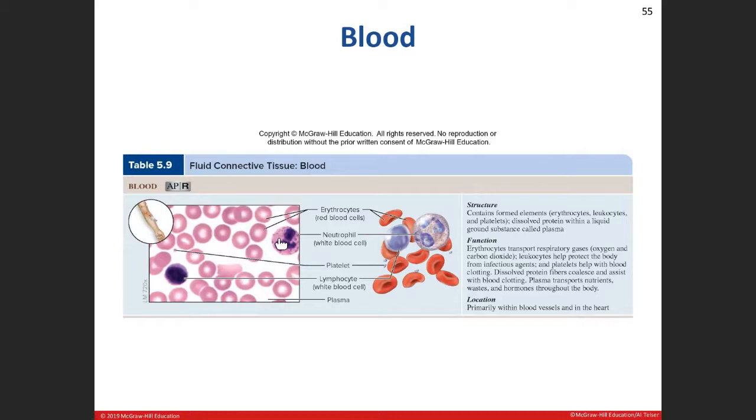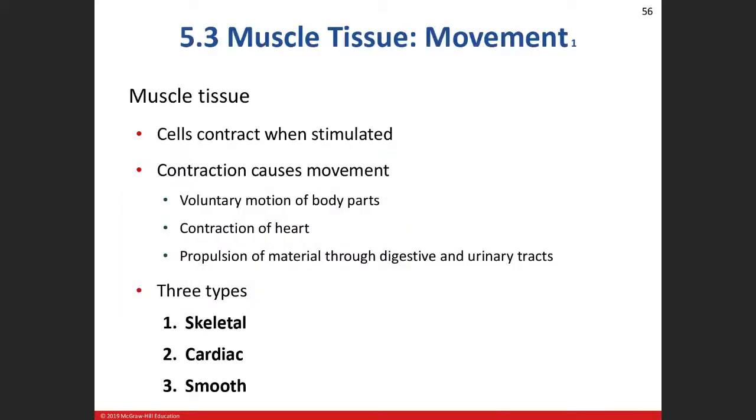That's the most abundant type of leukocyte or white blood cell. Then over here we have a lymphocyte. It's another type of leukocyte or white blood cell. And then you can see these little dots here. Those are the platelets. There's only one real good one here.